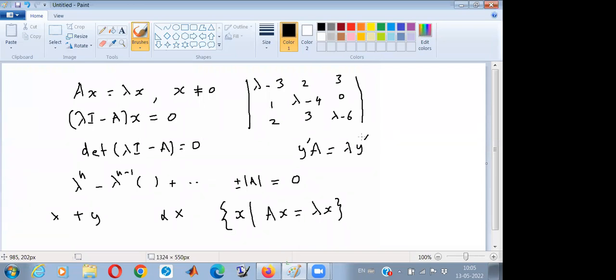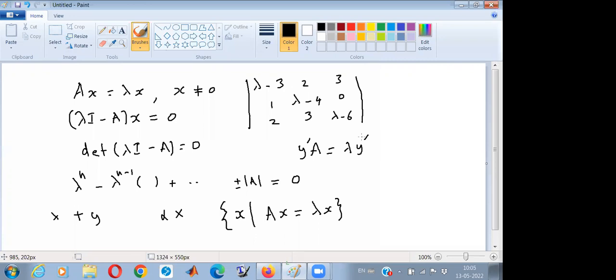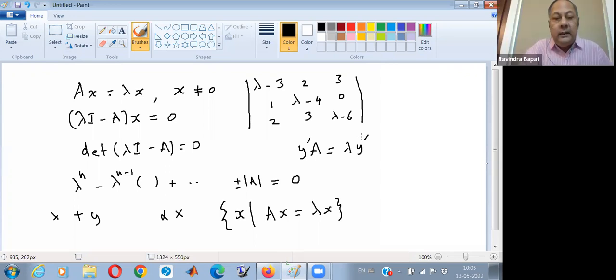Sir, you told us that the matrix lambda I minus A is called lambda matrix. Yeah. And when it is a lambda matrix, then our lambda will commute with numbers. No, in the lambda matrix, lambda is a variable.